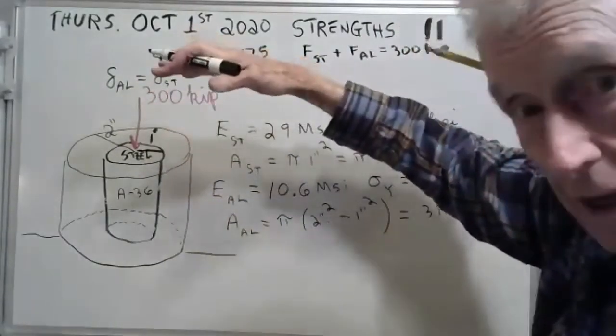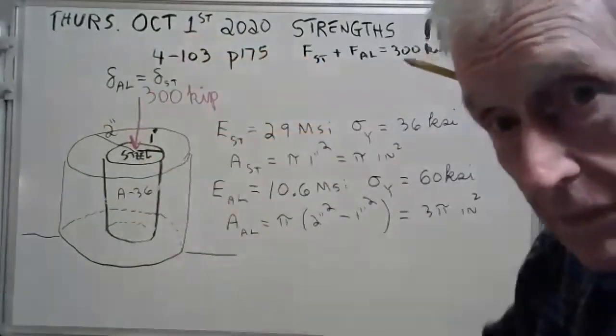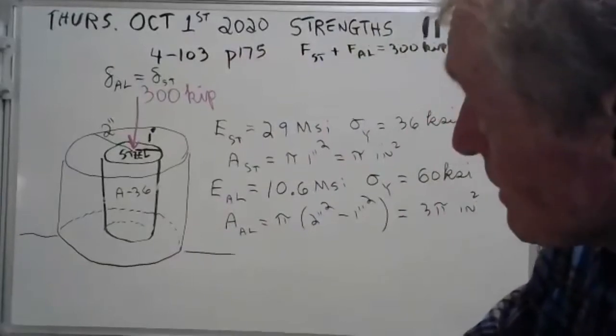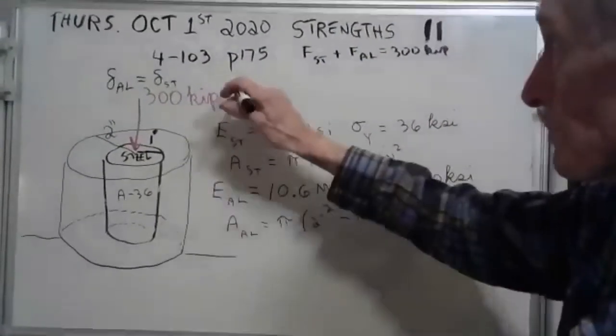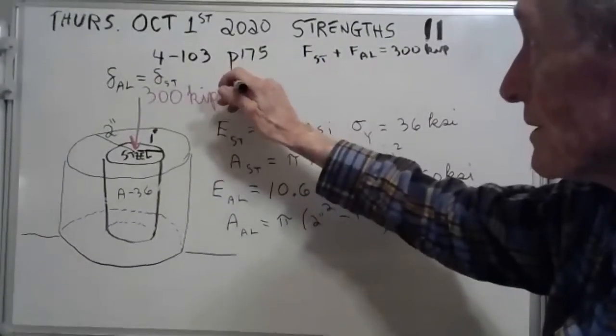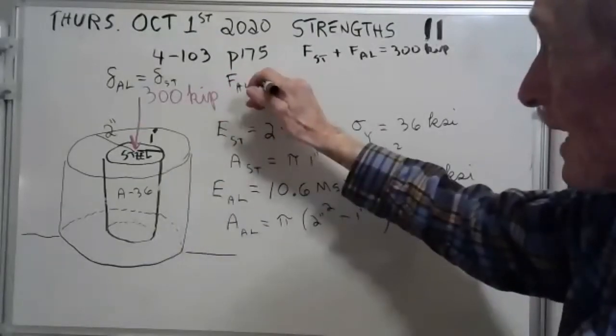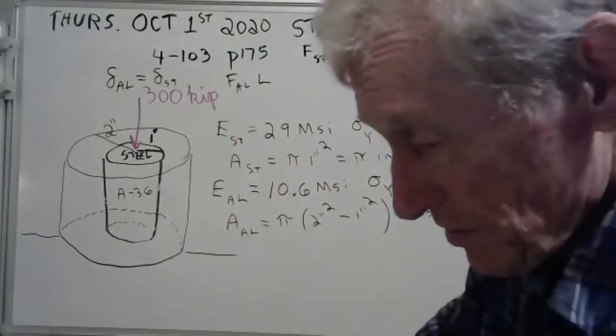They're both going to have to compress the same. Now, the deformation of the aluminum is going to be the force of the aluminum times the length. I don't know what the length is, but it's going to cancel out anyway.